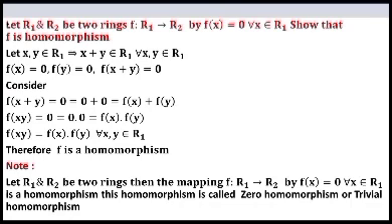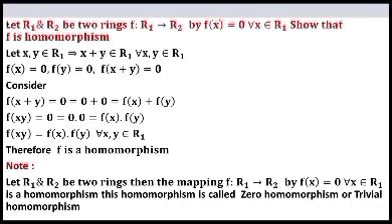Therefore, consider f of x plus y is equal to 0. 0 can be written as 0 plus 0. That is nothing but f of x plus f of y, which satisfies the first condition. The second condition is f of xy is equal to 0. Therefore, 0 into 0 is nothing but f of x into f of y. It satisfies both conditions of homomorphism.